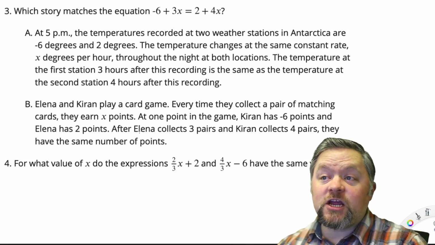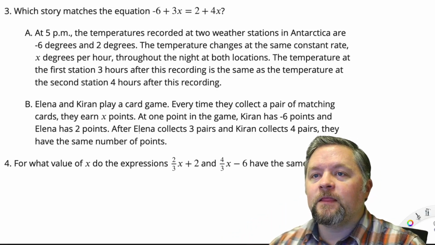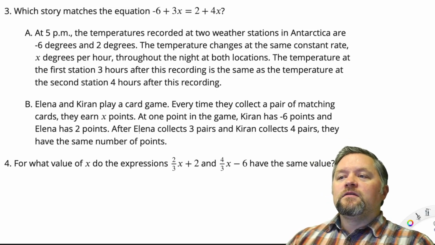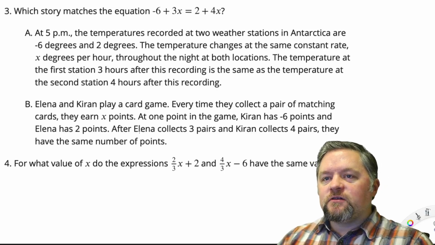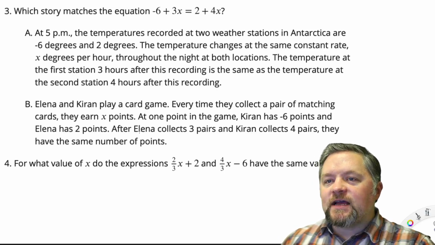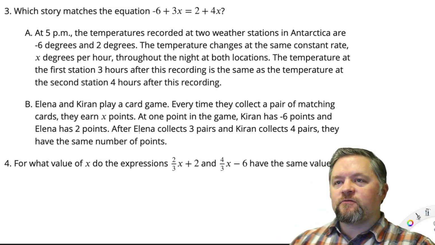The temperature changes at a constant rate, x degrees per hour, throughout the night at both locations. The temperature at the first station, 3 hours after the recording, is the same as the temperature at the second station, 4 hours after the recording.